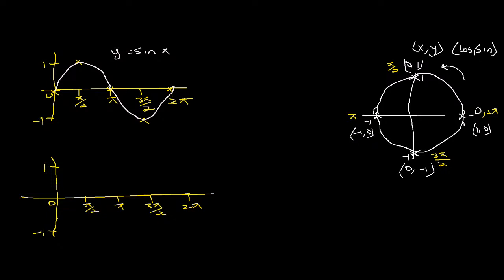So let's go ahead and start drawing. For our x coordinate value at 0, you can see that is 1 right here. So we're going to start here. And then we go up to 0. Then we go to -1. Then at 3 pi over 2, we go back to 0. And then at 2 pi, we go back to 1.